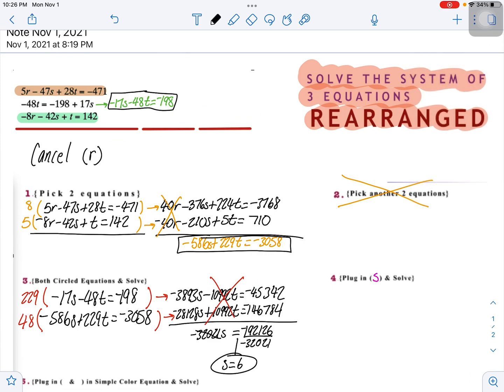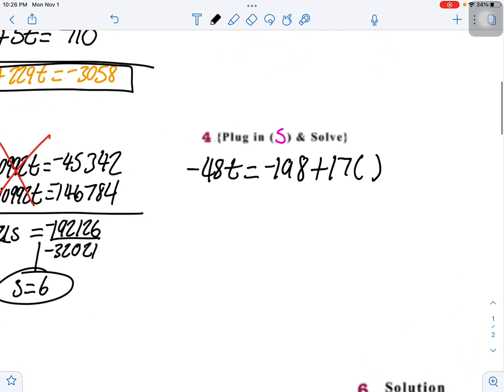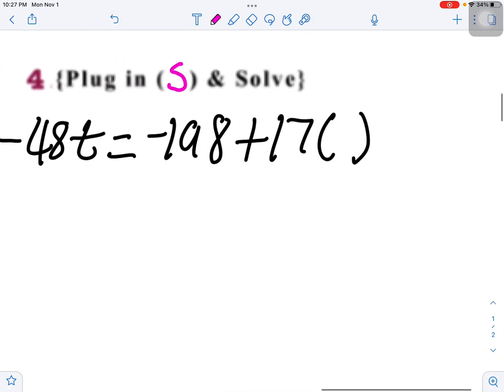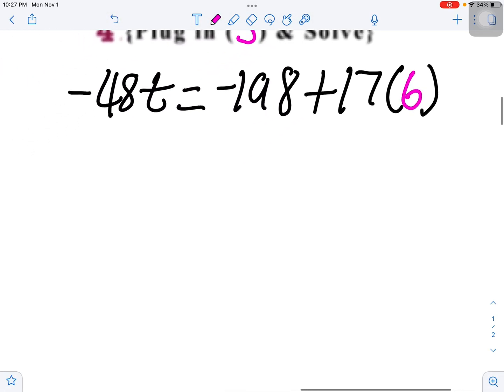So let me zoom out a little bit, and I'm going to get negative 48t is equal to negative 198 plus 17 parentheses. What is that parentheses? This parentheses is s, and s is equal to 6, as we found out.